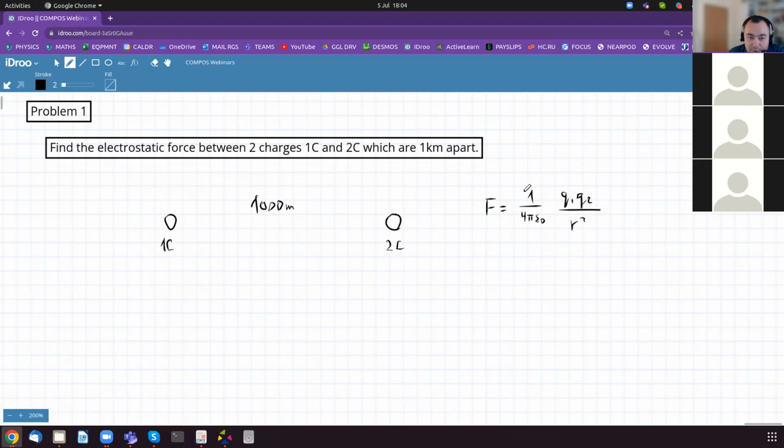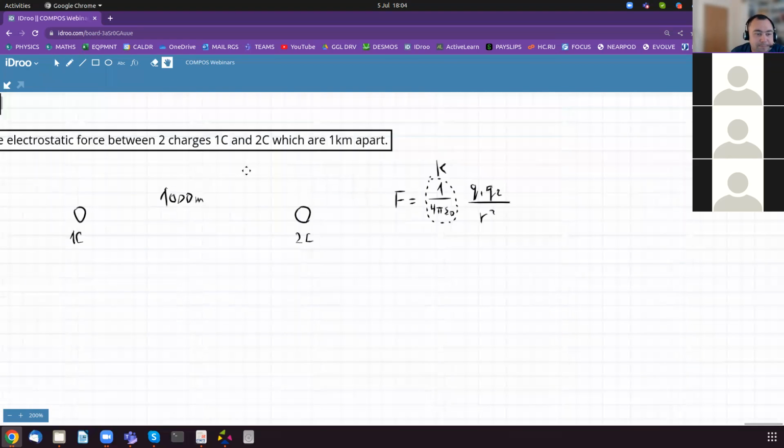And you know that this term is also known as K, the Coulomb's constant. But in physics, we tend to use 1 over 4 pi epsilon 0.